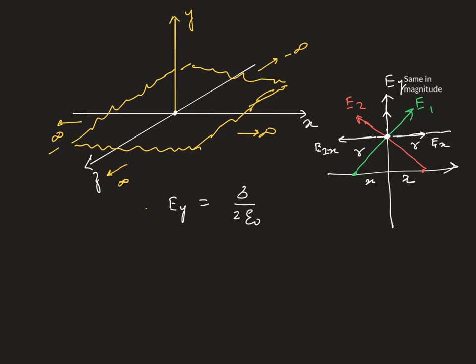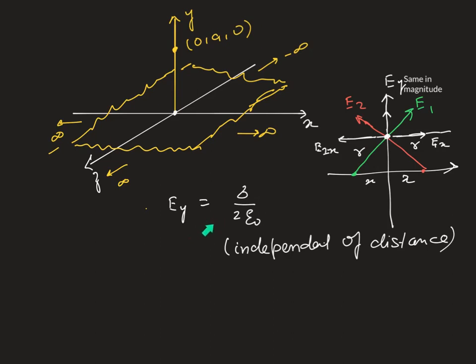Now what is the interesting part about Ey? It is independent of distance. Did you notice this? We wanted to find the field at the point 0, a, 0. Do you get a anywhere in this result? You don't. So what is the interesting thing about an infinite sheet?